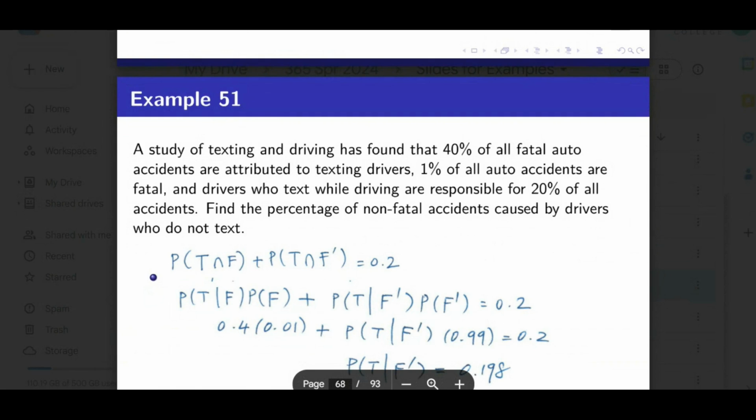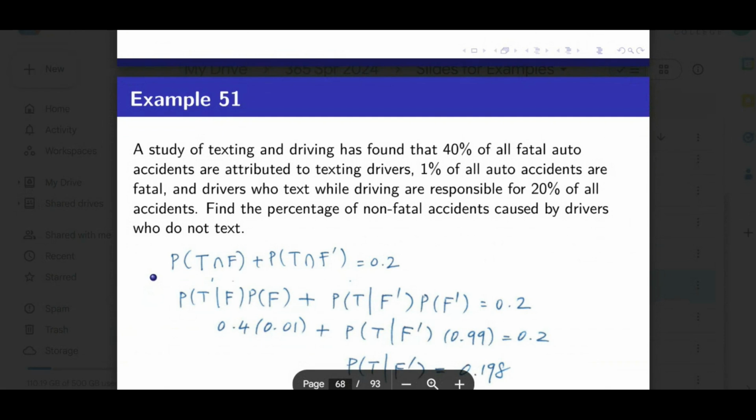Why do I choose to do this? Because basically, if I didn't do this, I'm kind of stuck. I'm doing this because the information that's given to me is aligned this way. So do you see why P(T given F) is 40%?